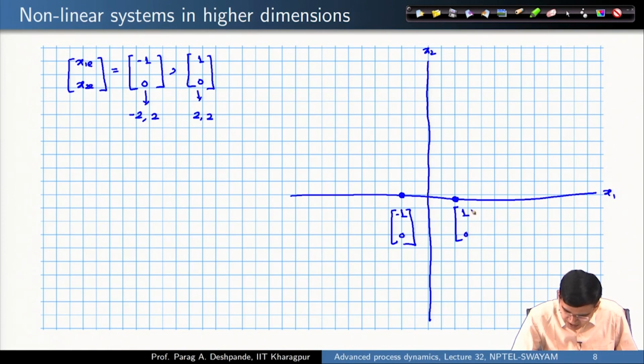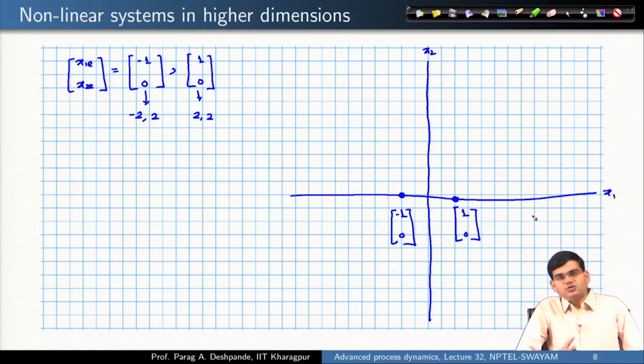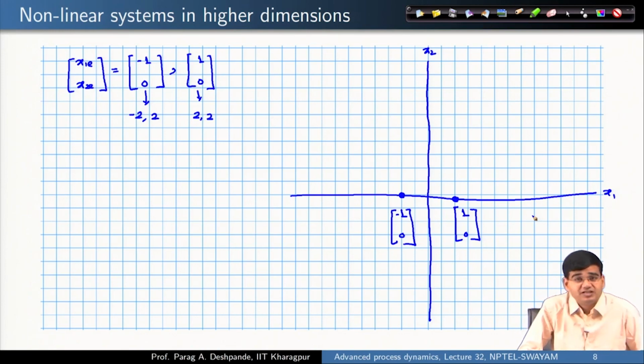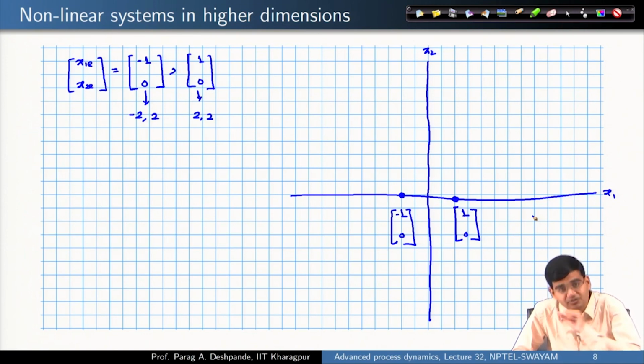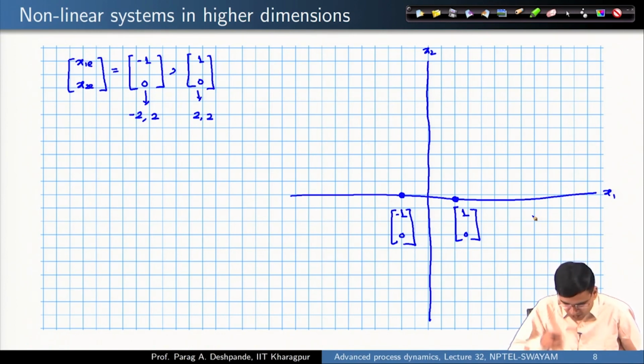Now, minus 1 0 is associated with two eigenvalues, one of which is positive, the other one is negative. So, it should have a saddle behavior about that point, and 1 0 is associated with both positive eigenvalues, so it should have a source behavior about that point. So, how can I draw phase lines which would both conform to this particular situation?